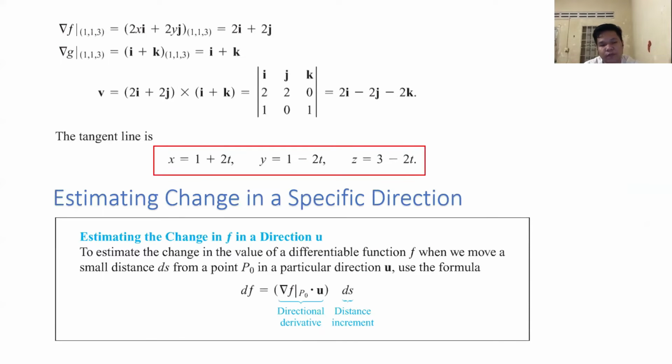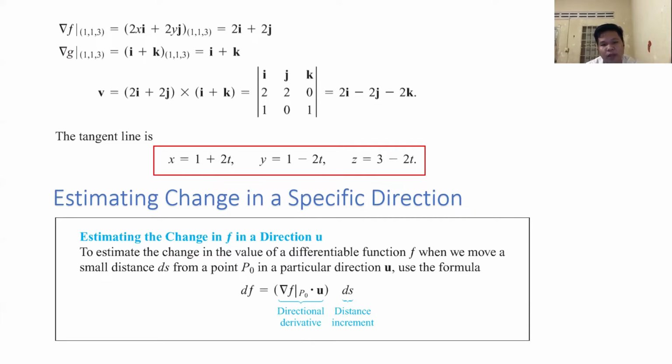So first we find the gradient of f at P sub 0 by differentiating with respect to each variable. So we get 2x i plus 2y j at (1, 1, 3), so we get 2i plus 2j. And then we find the gradient of g at (1, 1, 3). That is equal to i plus k.